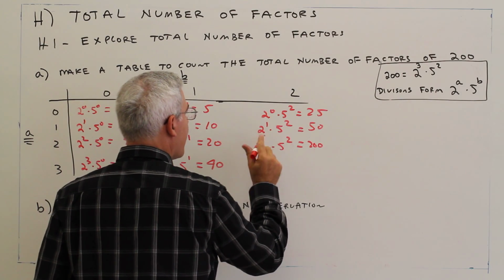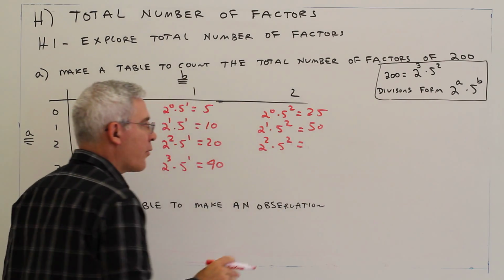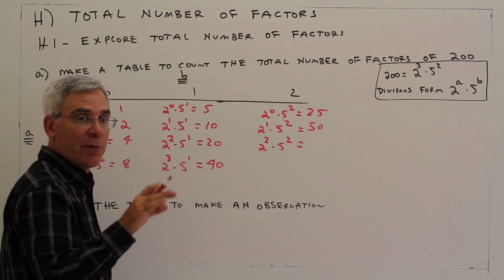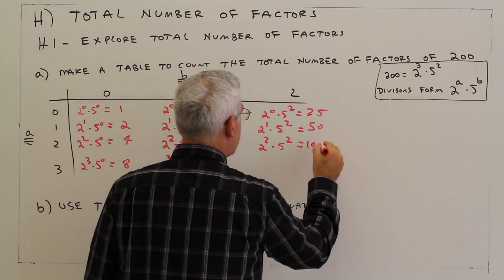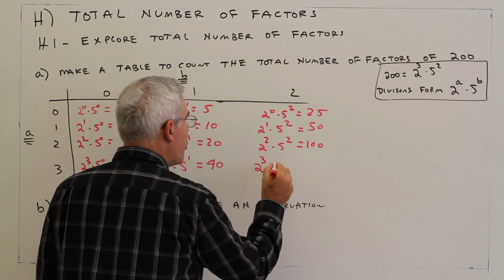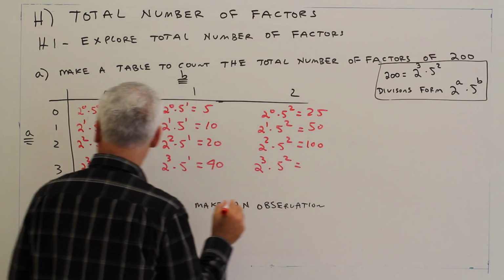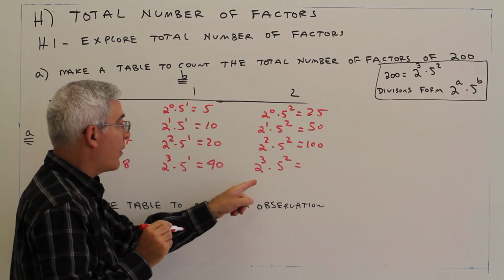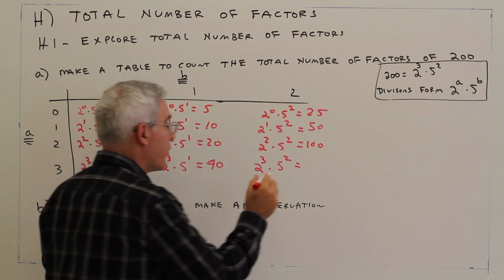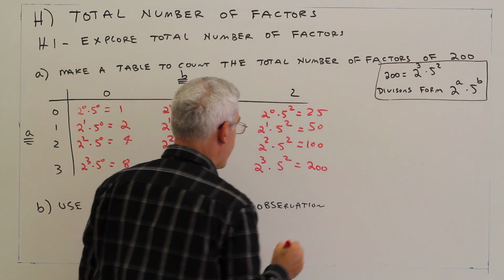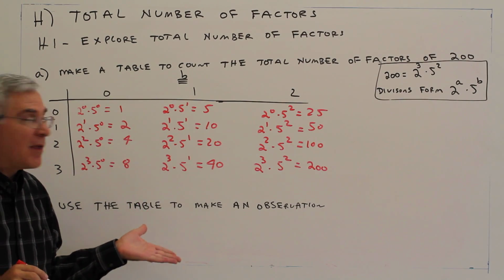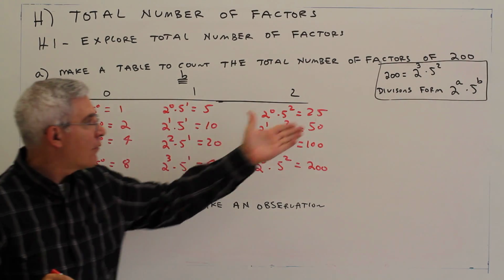That was 2 squared by my mistake. 2 squared times 5 squared, that's 100. And then this one, 2 cubed times 5 squared, that's going to be 200. All right, so these are all the possible divisors.